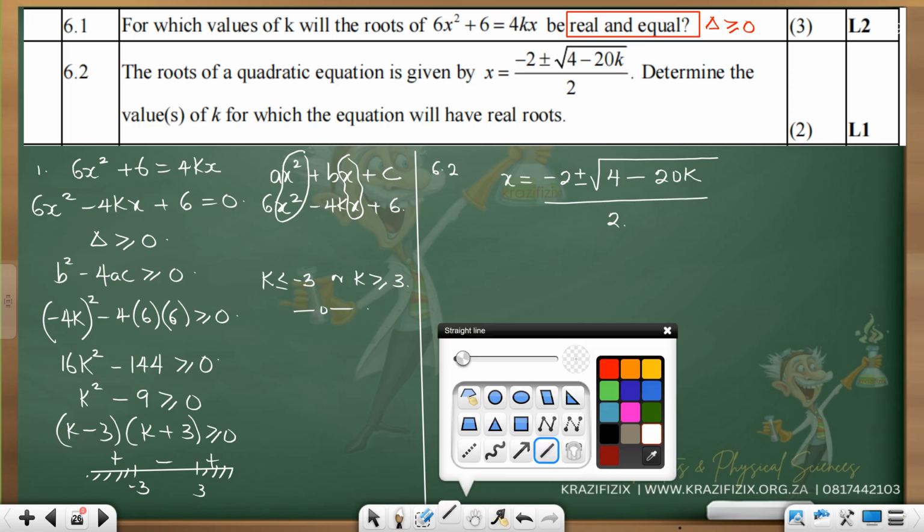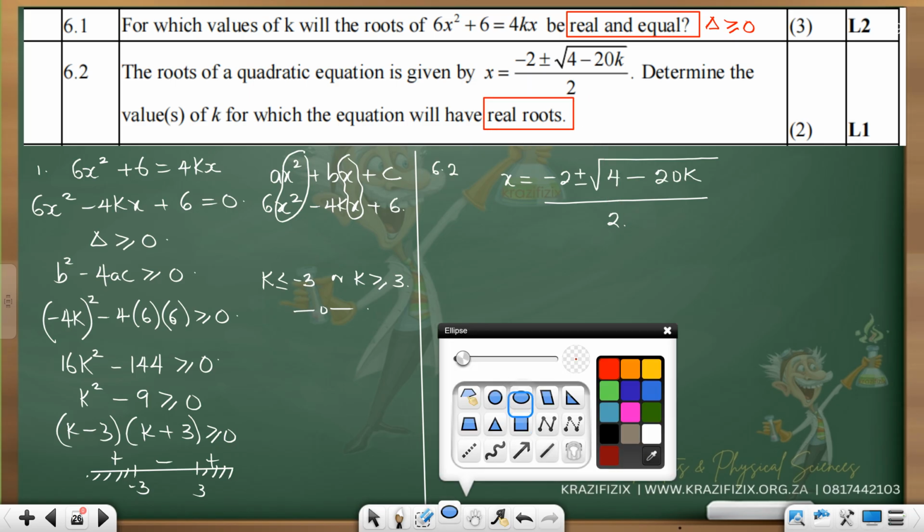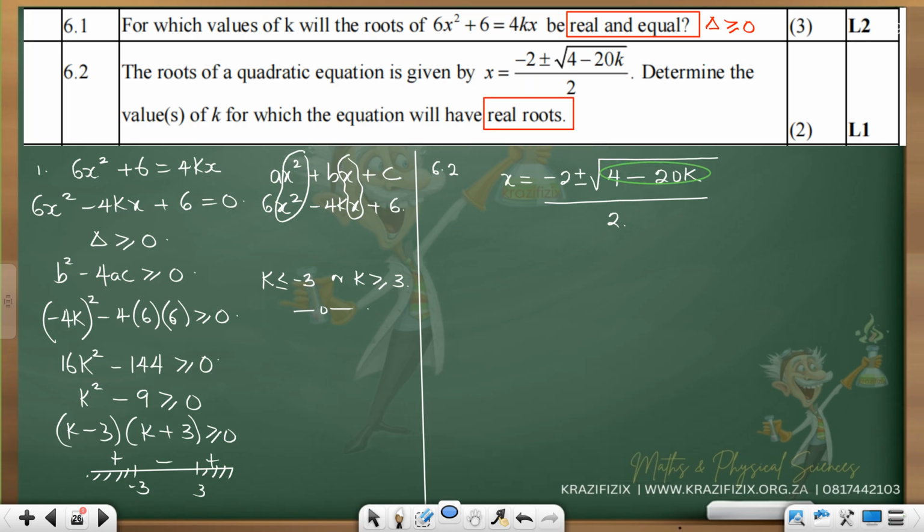Oh, so what we need to look at, they said to have what? Real roots. What we're really focusing on, we don't need the whole equation. All we need is that. That's our discriminant. That is our delta. So for us to have real roots, what did we say? The discriminant must be greater than or equal to 0.